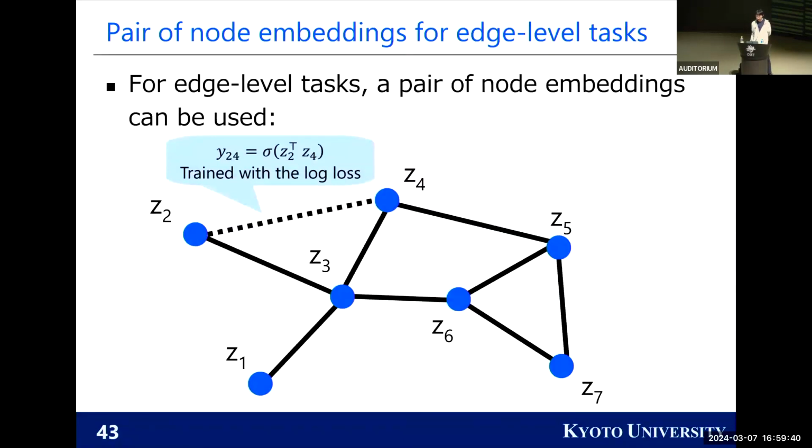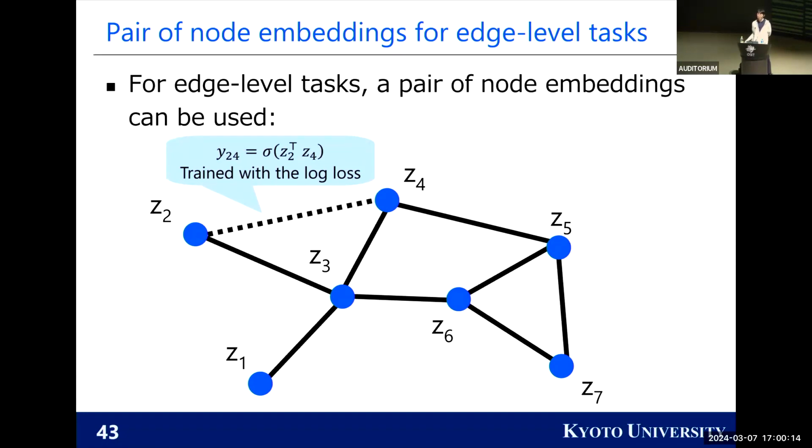Edge level problems can also be solved in a similar way by using just a pair of node embeddings. For example, in the link prediction task, we can define the probability of an existing edge as the sigmoid of the inner product of z_2 and z_4. Then we can define the loss function just like in binary classification.